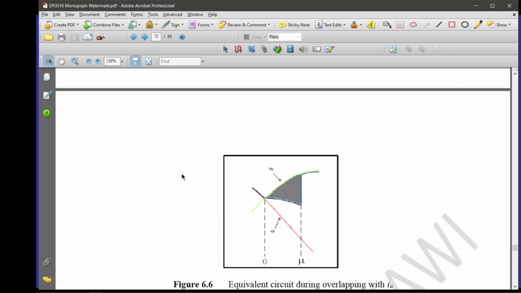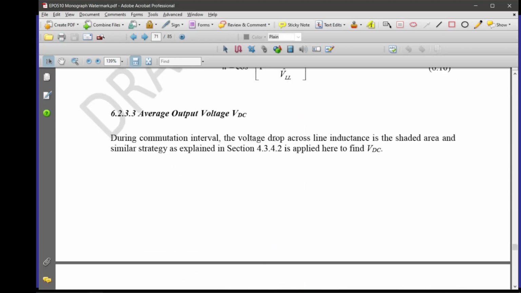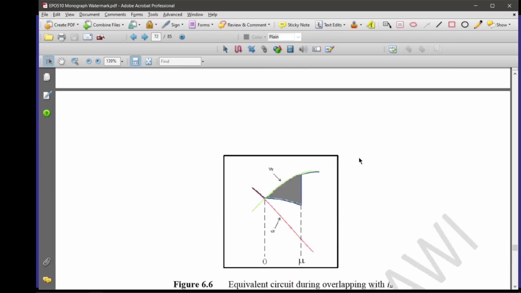During the commutation interval, there is a voltage drop across the line inductance, in the shaded area. A similar strategy as explained in section 4.22 is applied here to VDC. Which means you take the equation without the source inductance, and then you simply subtract the average of that voltage drop here. Okay, so that is our approach.